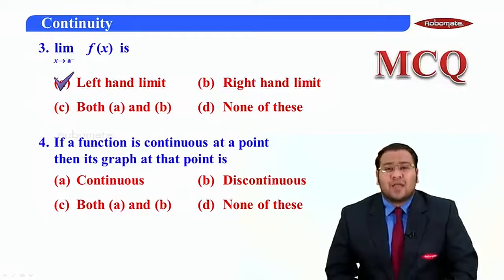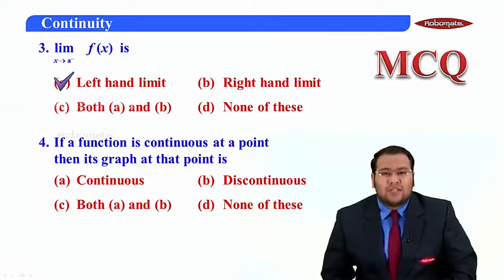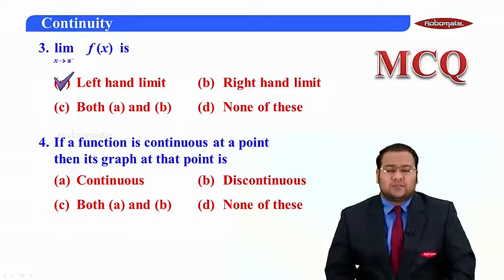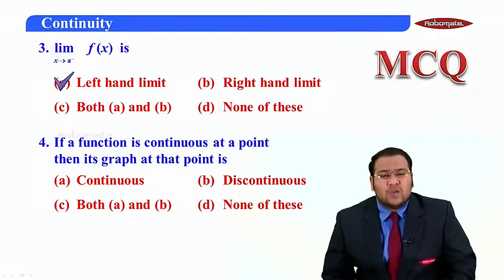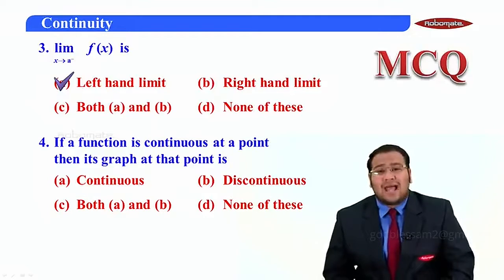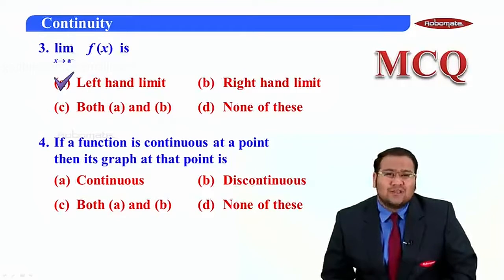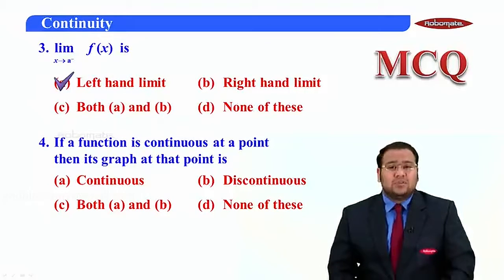Fourth question. If a function is continuous at a point, then its graph at that point is. See students, if a function is continuous at a certain point, definitely, as we have already seen in the example, if a graph is continuous, a function is continuous.